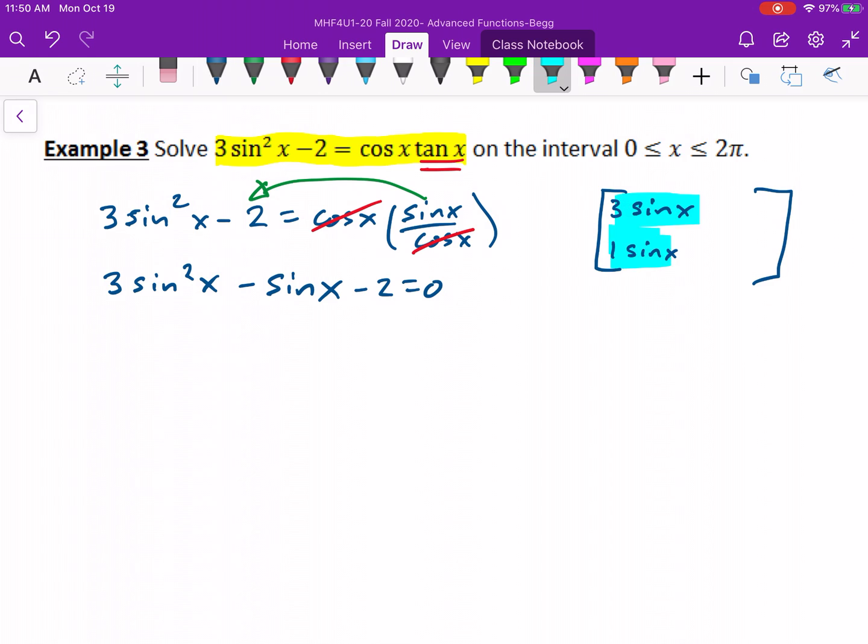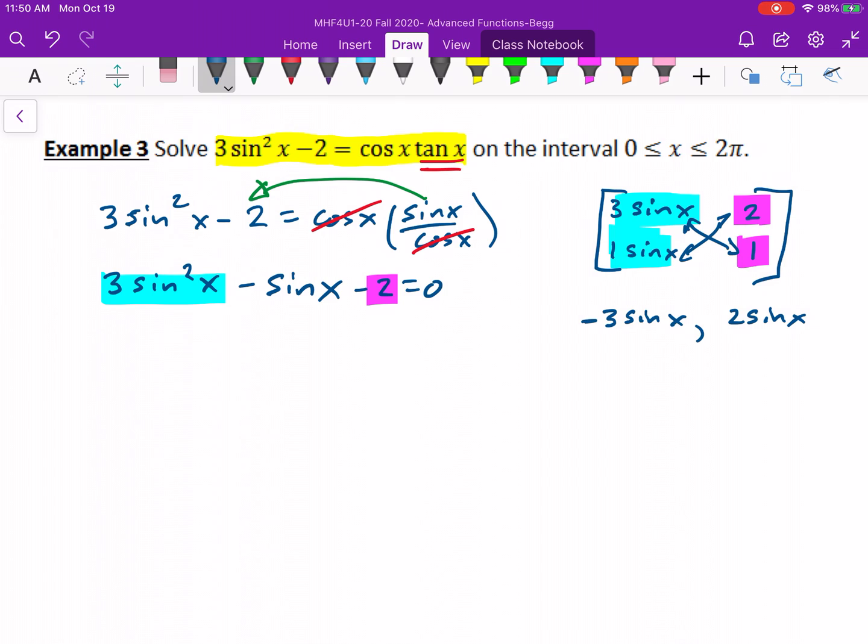See, these two multiply to give this term, and I need two numbers that are going to multiply to give negative 2. And so if I try 2 and 1 like that, then when I multiply diagonally to check my middle term, that would give me 3 sine x and 2 sine x. And I need a negative sine x out of that.